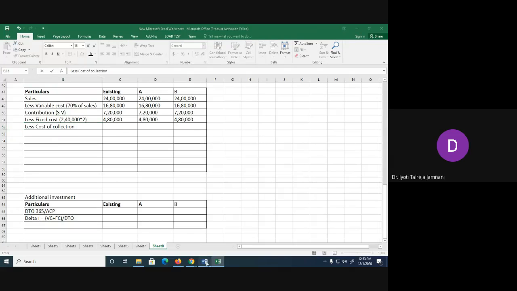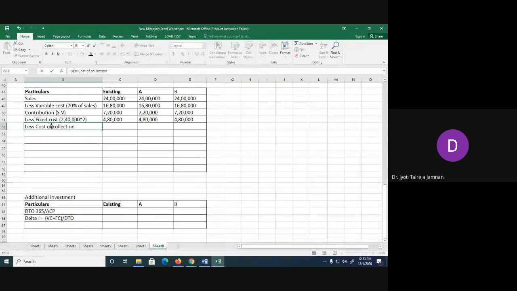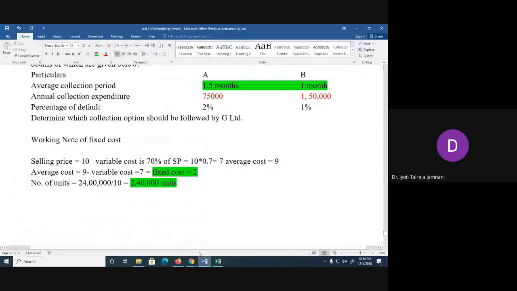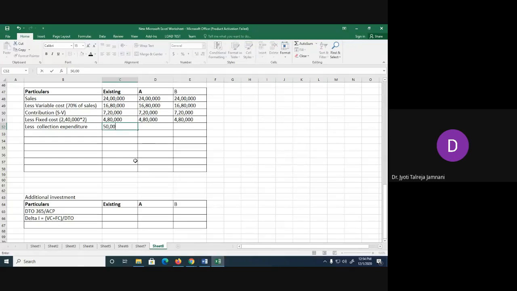We mention it as collection expenditure. Collection expenditure for existing is 50,000, for policy A 75,000 and for policy B 1,50,000.